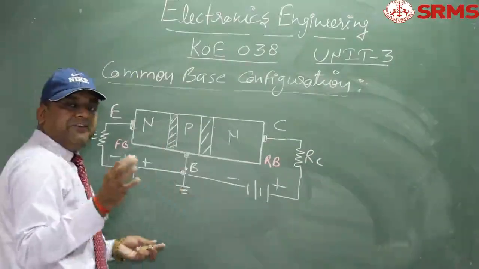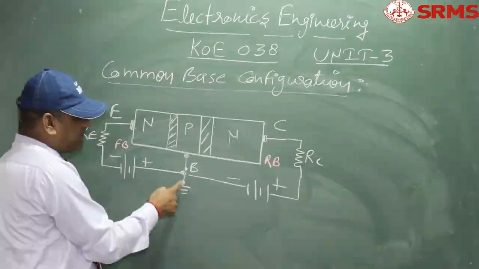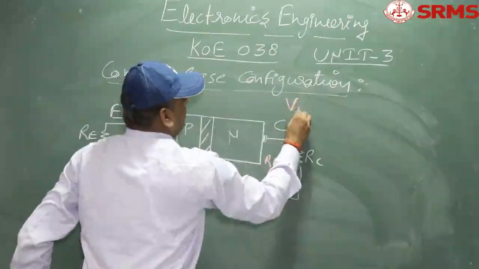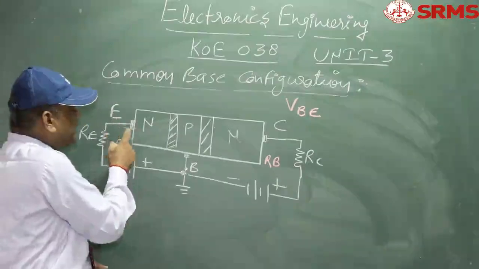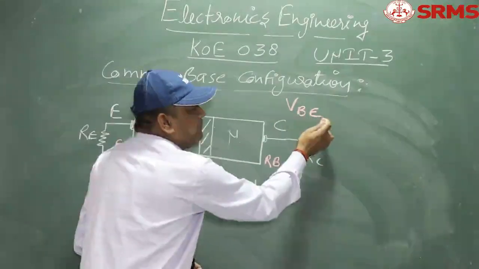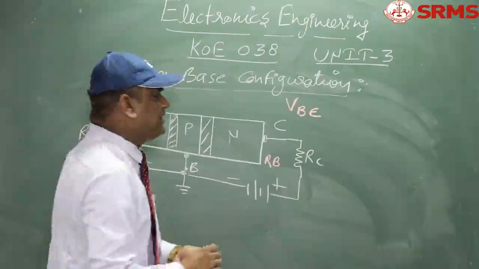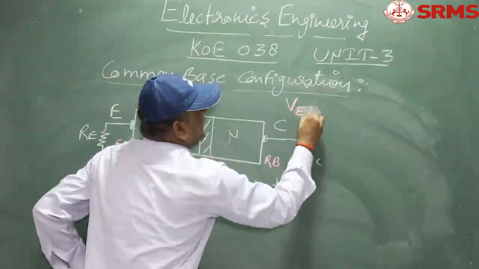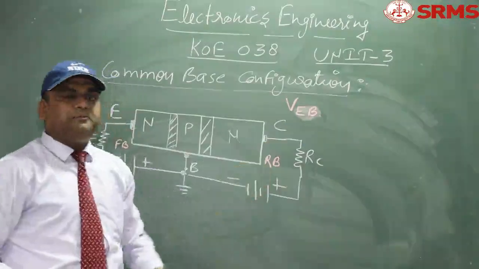As you can see, we apply the input voltage at the emitter terminal with respect to the base terminal, and that input voltage is known as VBE, or you can say the base to emitter voltage. You can also write VEB, the voltage at the emitter terminal with respect to the base terminal.